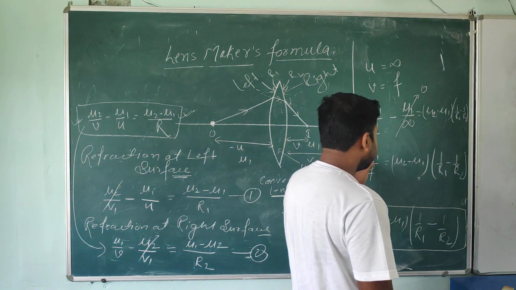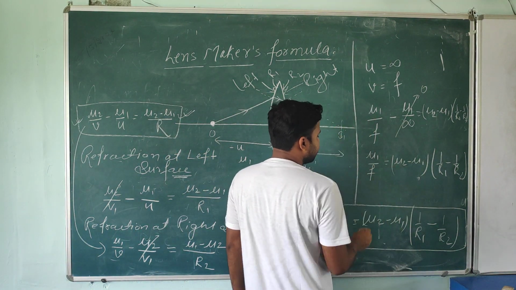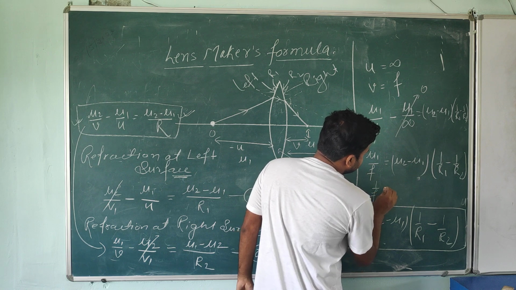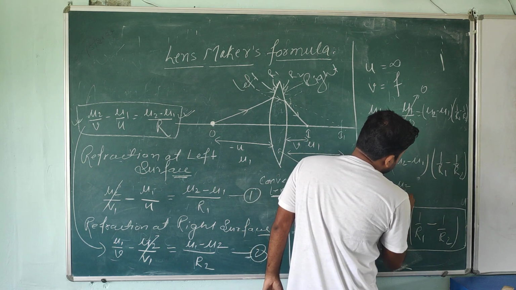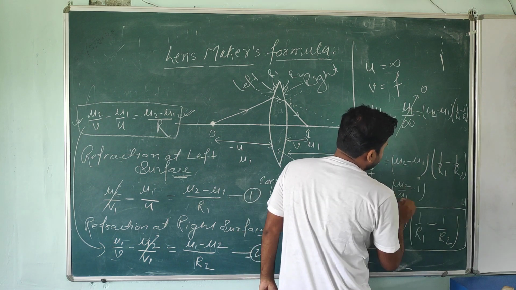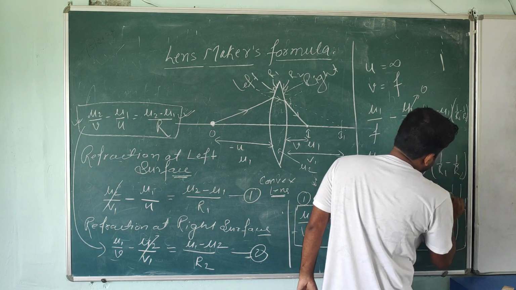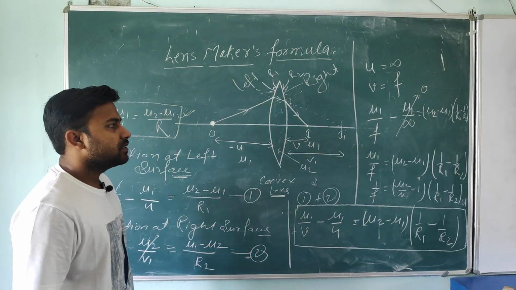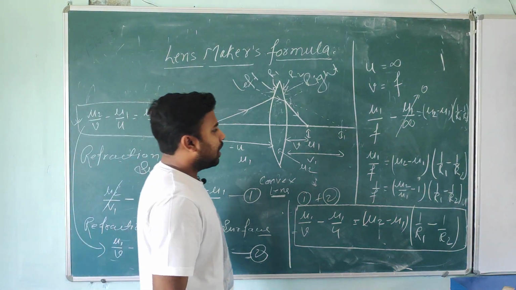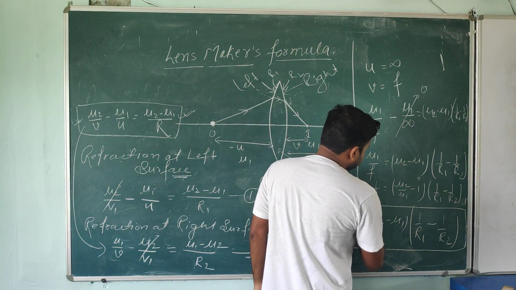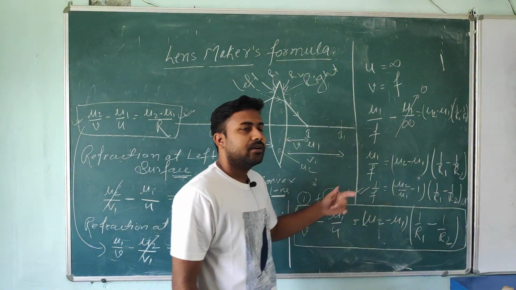Okay, do one thing: divide this by mu1 on this side. So you will get 1 by f equal to mu2 by mu1 minus 1 into 1 by r1 minus 1 by r2. It's simple, students. So from here we got the formula of focal length.